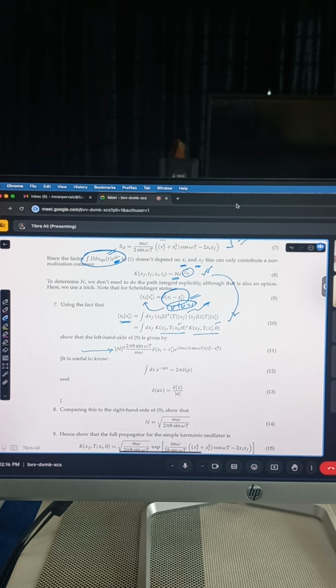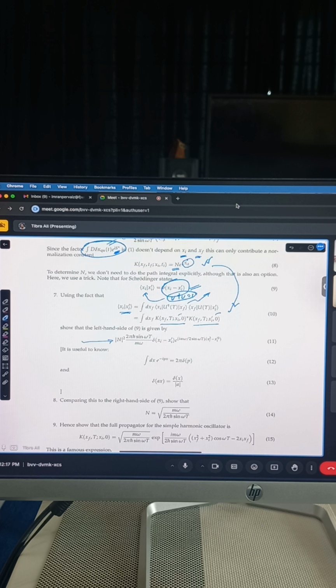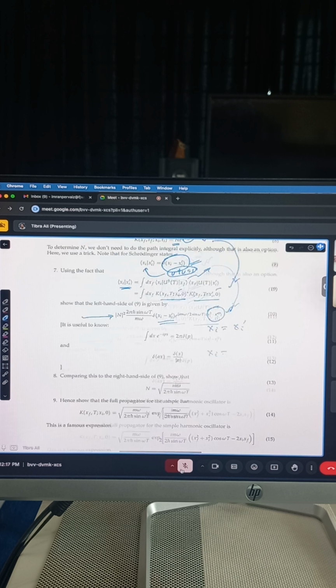And you will find that if you compare the left-hand side to the right-hand side, in the limit where x_i is equal to x_i', that term goes to 0, so the exponential of 0 is going to be 1.